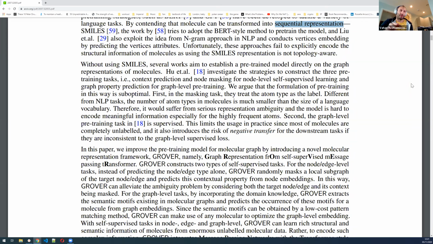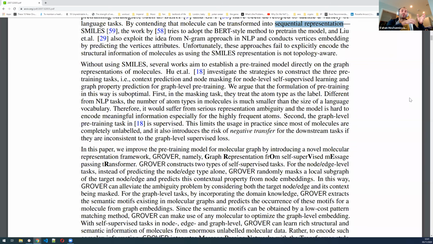In Hu et al, they have three pre-training problems. Two of them are for the node level, so you would train a model with objectives on the node level. That would be context prediction for the node, and then node masking, where they mask some of the nodes and pre-train on those.